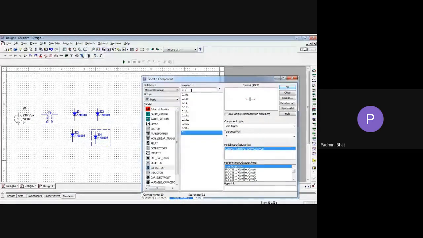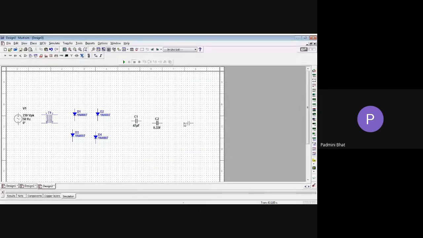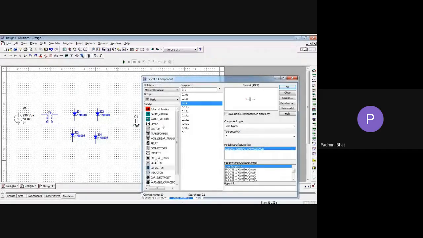The values are one is 47 and one is 0.1. It is not 0.1, it is 0.33. Okay. Next we'll go for a resistor.